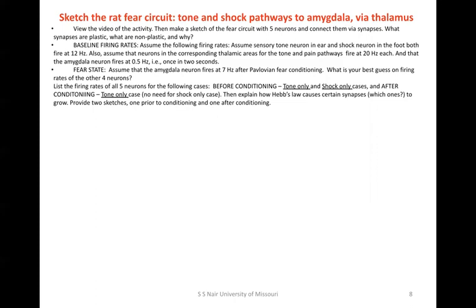So starting with a blank page, sketch 2 pathways, the tone and shock pathways, which will have a total of 5 neurons in the various regions as discussed. And I'm only going to give you this information. The rest is for you to think, discuss with others, and piece together.